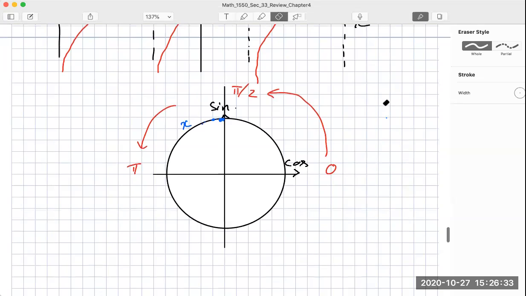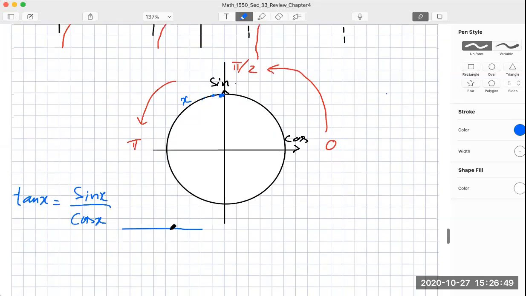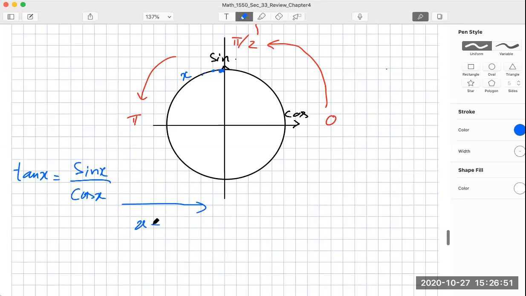In the second quadrant, the tangent is sine of x over cosine of x, right? When x approaches pi over 2 from the right-hand side, we project the value of this to the sine axis. It will be close to 1, right? You see it?